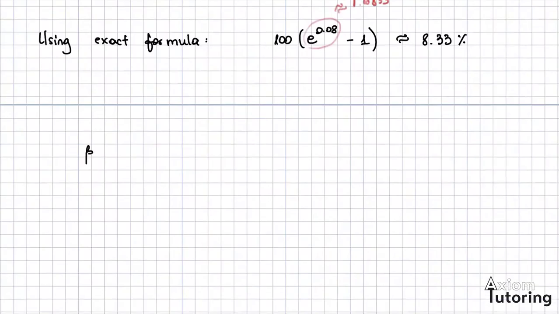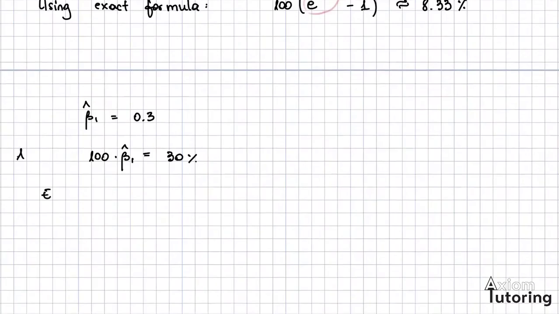So let's assume that beta 1 hat is, instead of 0.08, a bigger number, 0.3. If we used the approximation way, this is going to be 100 times beta 1 hat, and that would mean it's 30%. If we use the exact formula, this is going to be 100 times e to the power 0.3 minus 1, where e to the power 0.3 by itself is approximately 1.3499.